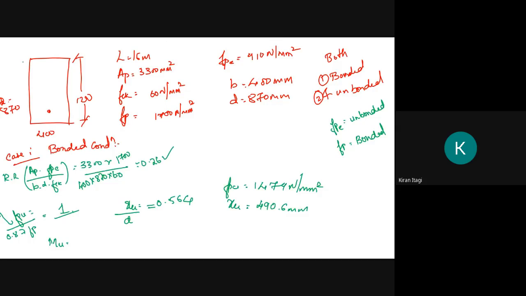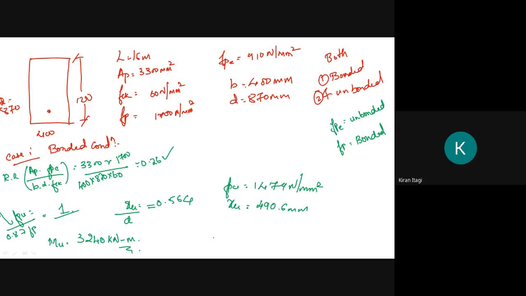T section means you will have flange and web. Okay, sir. So MU is 3240.